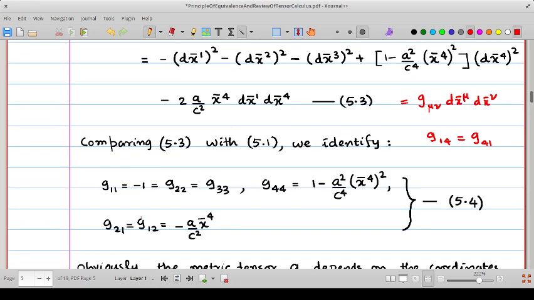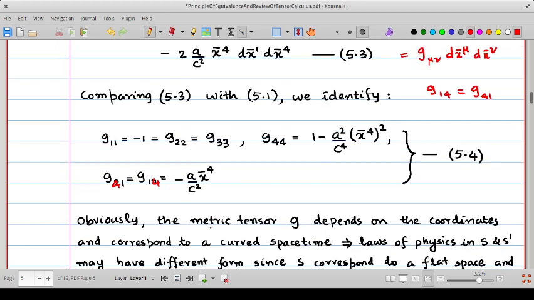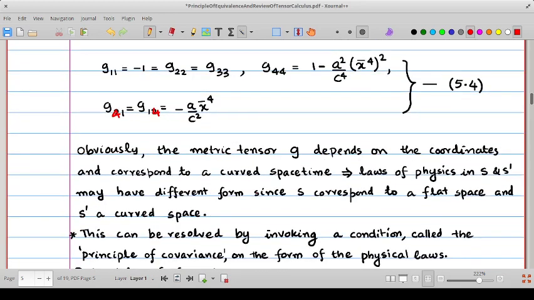So we will have g14 equal to g41 equal to minus a by c square x bar 4, the fourth coordinate, which is equal to c t bar.